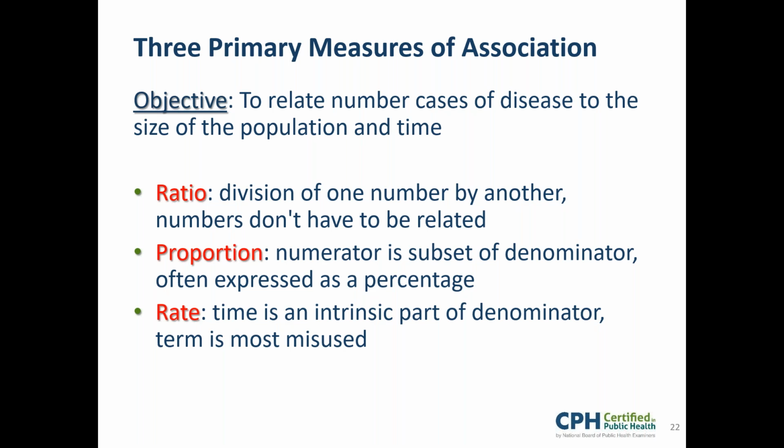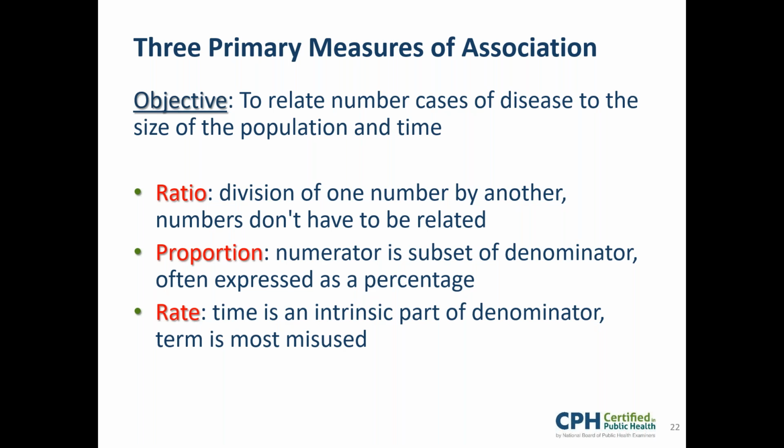A proportion is often expressed as a percentage, and the numerator, or the top number, is a subset of the denominator, or the bottom number. For example, we may want to know what proportion of people are participating in the webinar from the comforts of their own home, or what proportion or percentage of people participating on this webinar have already planned their next vacation.